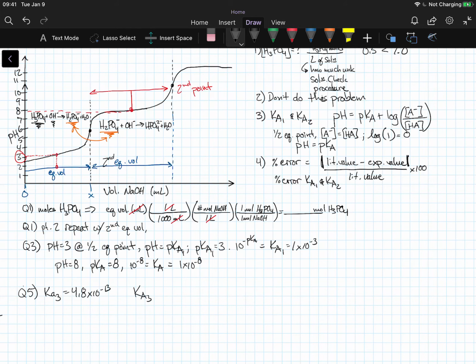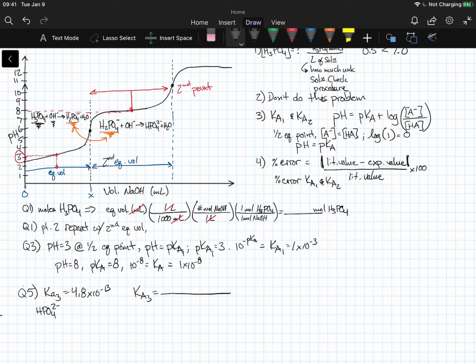We know Ka3 from this experiment is talking about the dissociation of the HPO4 2- into its final product PO4 3- and H3O+. So you can look back up on a couple pages in the lab manual. That literature value of Ka3 comes with that dissociation reaction. And let's just write this for clarity here.